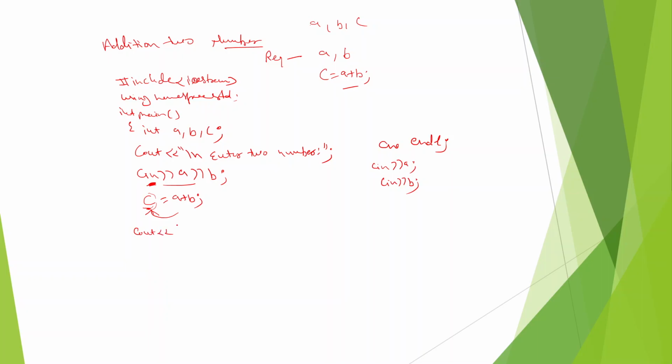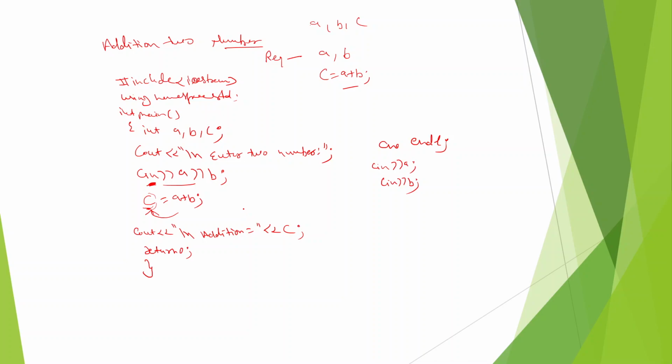In cout you write the addition, addition equal to, then you write C. Then for successful execution return 0, and then close the main.